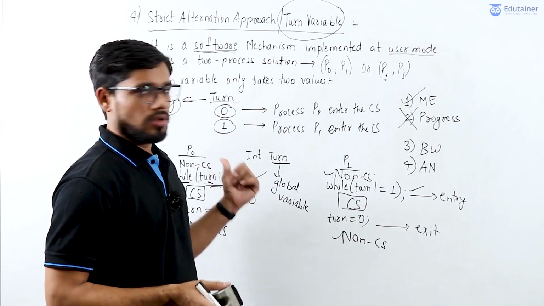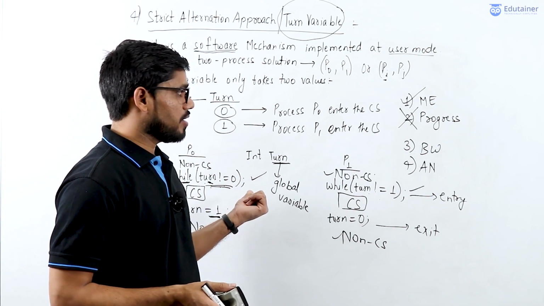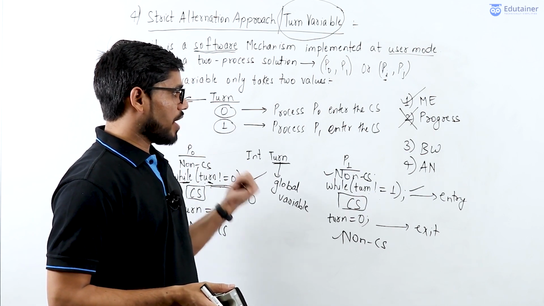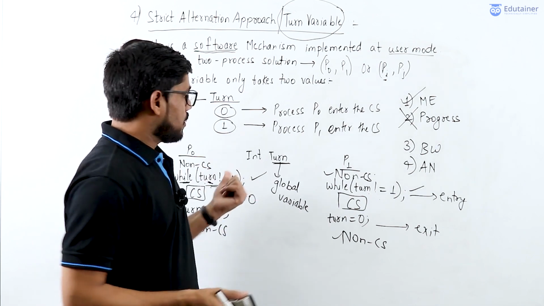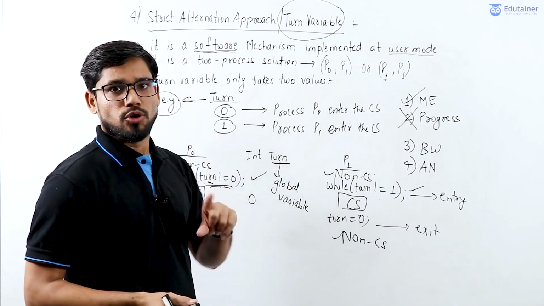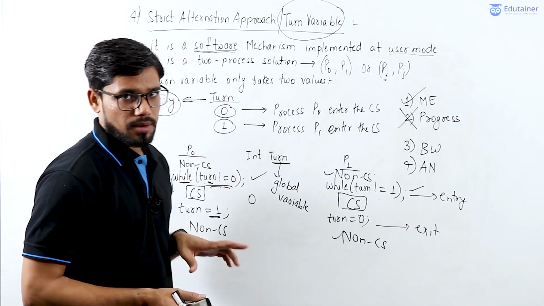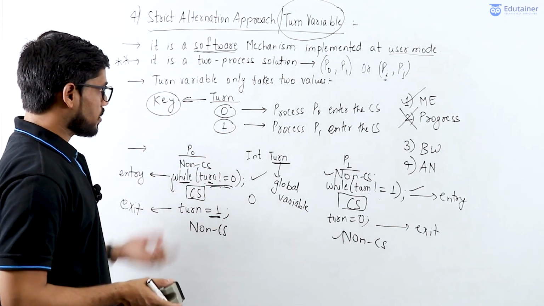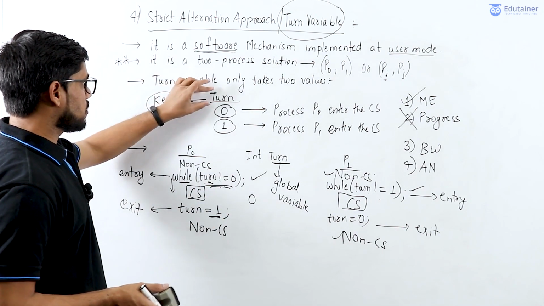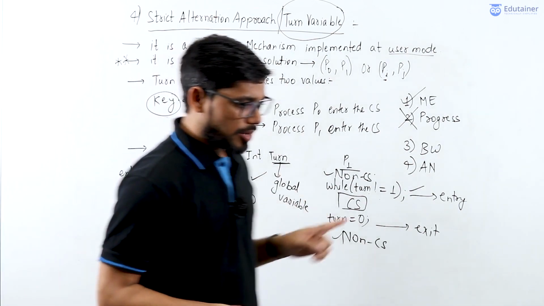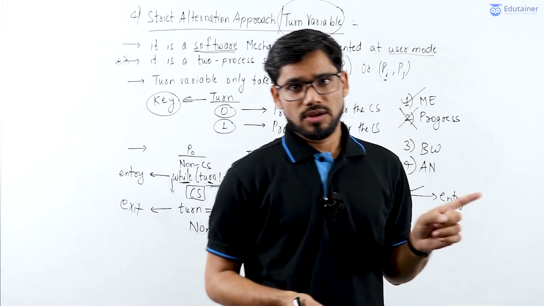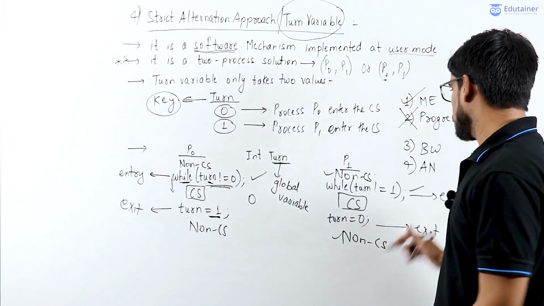The turn variable provides the property that every process is bounded by a particular key. So turn is definitely bounding each process, and bounded waiting is also provided.